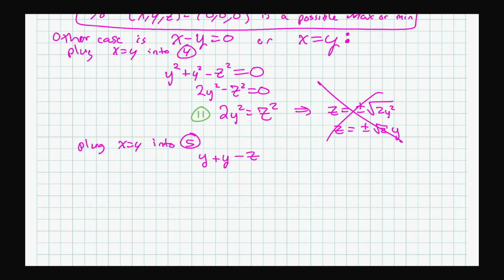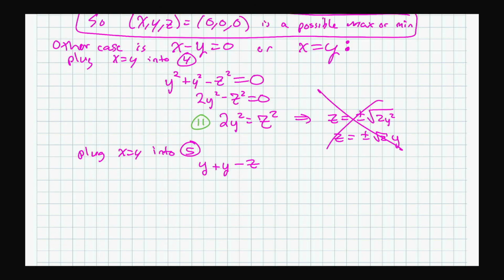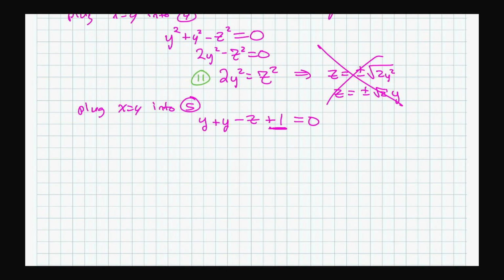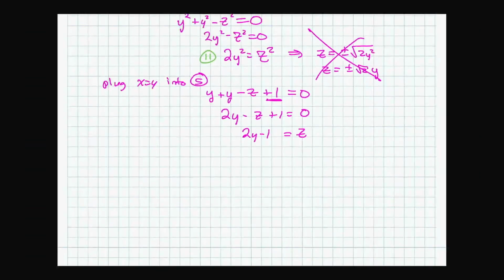So 5 is actually this. That 1 was not there. Okay, so when we substitute in 5, we got this 1. So I actually have 2y minus z plus 1 equals 0. Or if you solve this for z, you get z equals 2y minus 1. Right? So now you can substitute into 11.